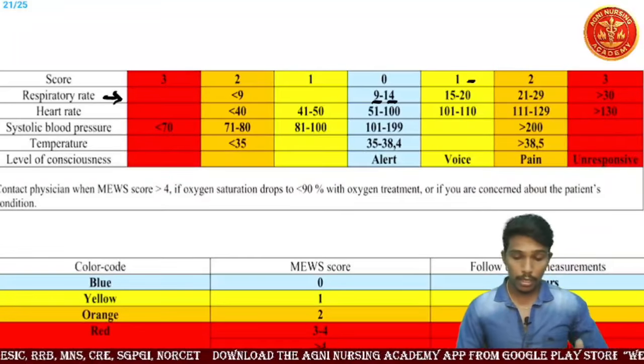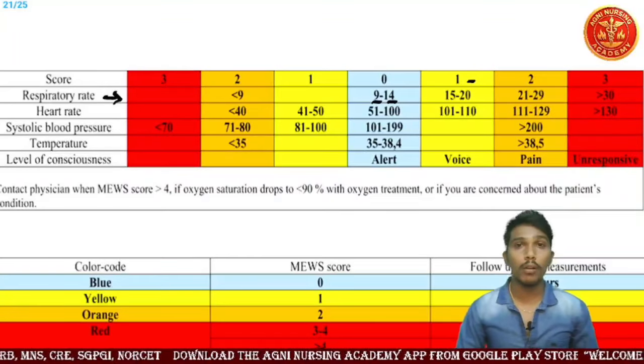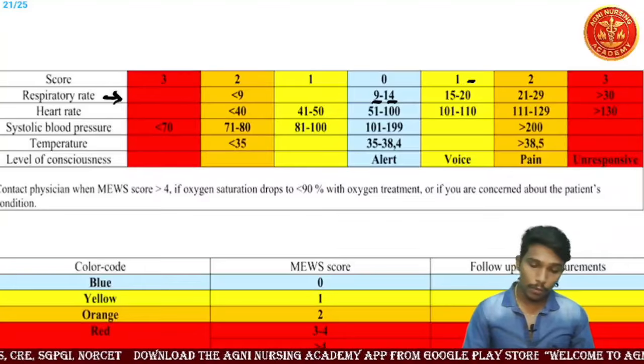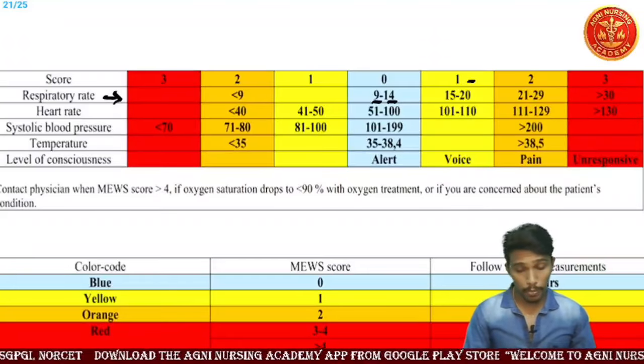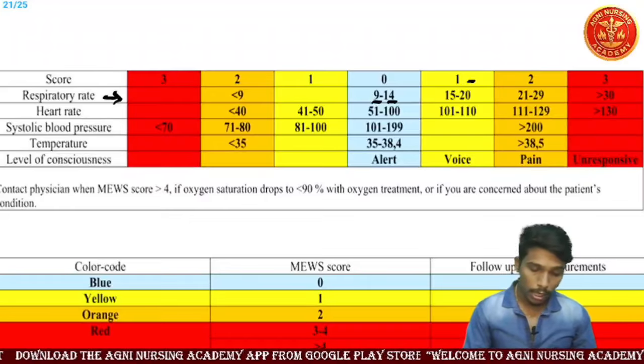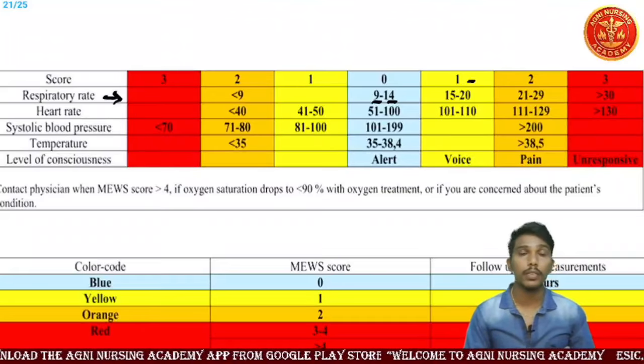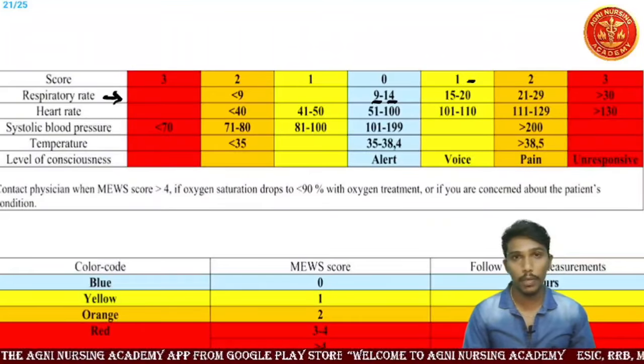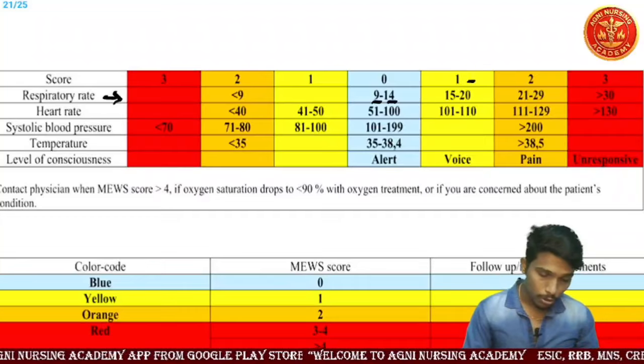Like this, for abnormal vital signs we have to give the scoring. If a patient's respiratory rate is below normal, we also have to give a score. If it is below 9, we give 2.